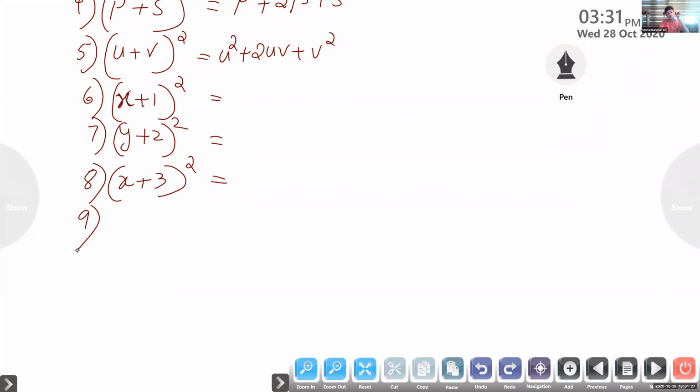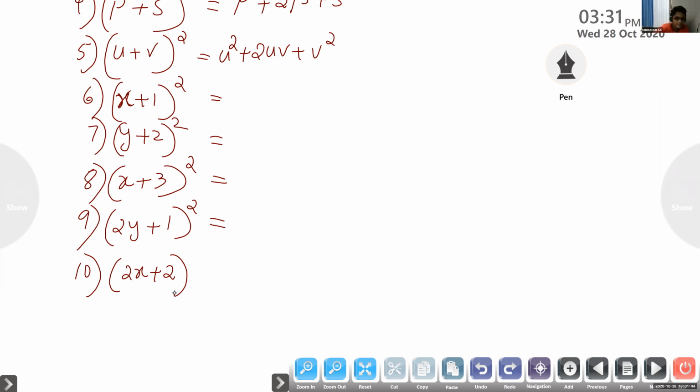Ma'am, can you give an example for the sixth one? Yes, I will. Sixth one, x square plus 2ab, the second term is the 2ab term.